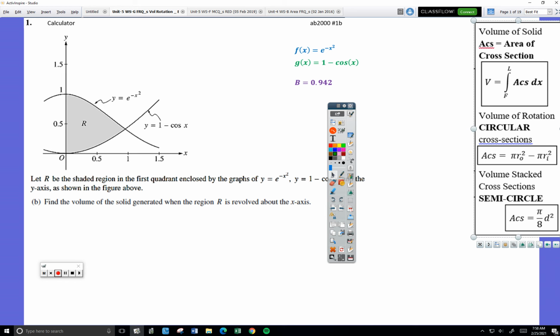And all you have to do is find the volume of the slice. That's the big idea. Just find the volume of this. The volume of this is really simple. It is the area that you see in red multiplied by the tiny thickness. Cool, simple idea.